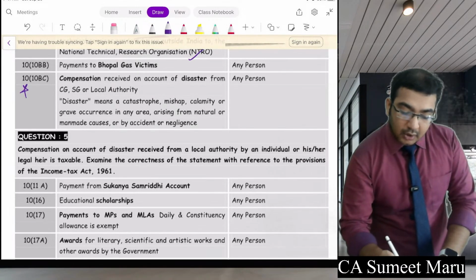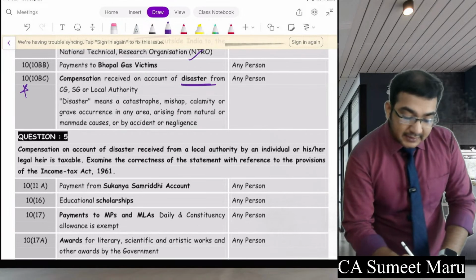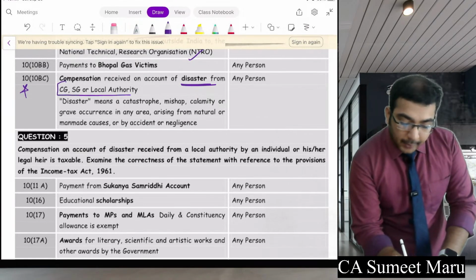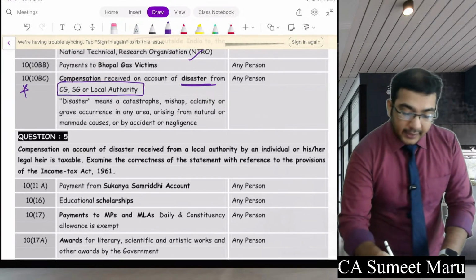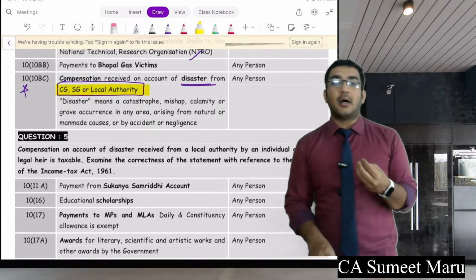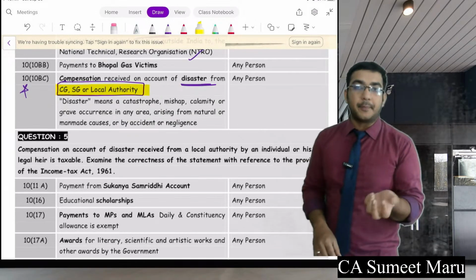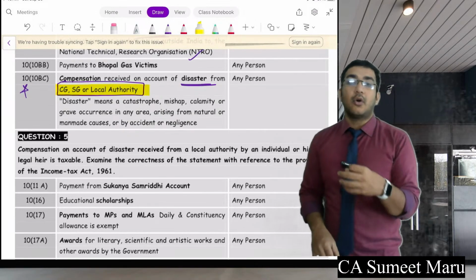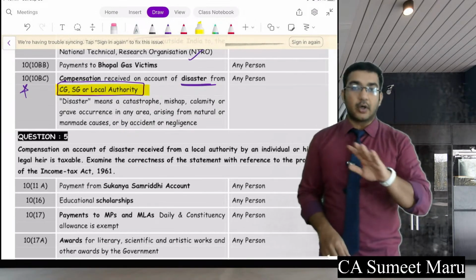Compensation received on account of disaster from the central government, state government or local authority only. In the examination, for confusion, they will give you some NGO, some local people, some other people, local community. This is all not included here.